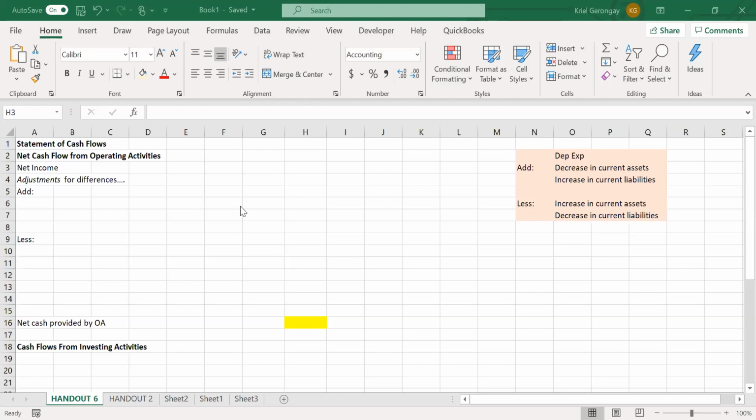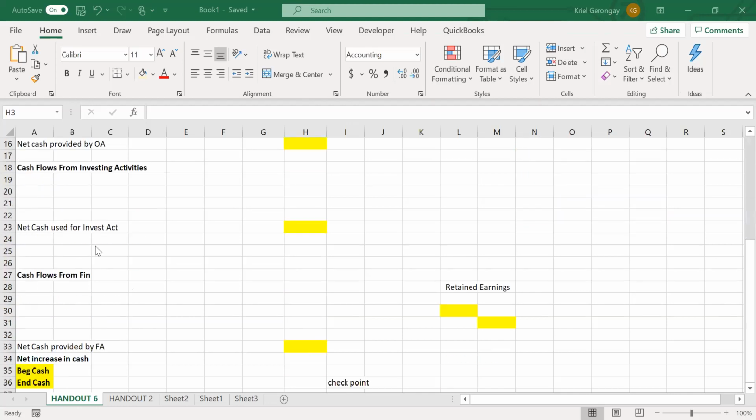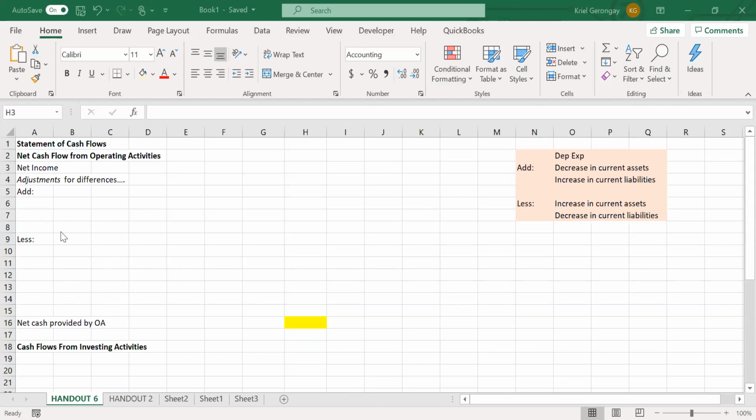So, moving on to the statement of cash flows, as I said, this handout mainly focuses on the format of the entire statement of cash flows. We already constructed the entire statement for you guys, and right now we're just going to fill it out one by one, per section.